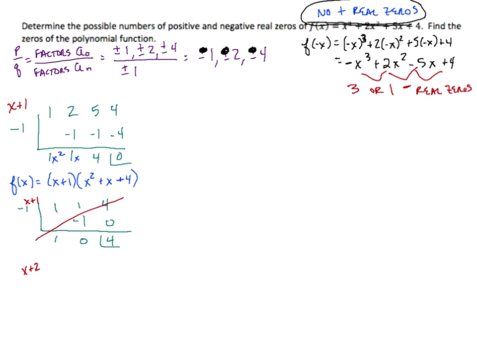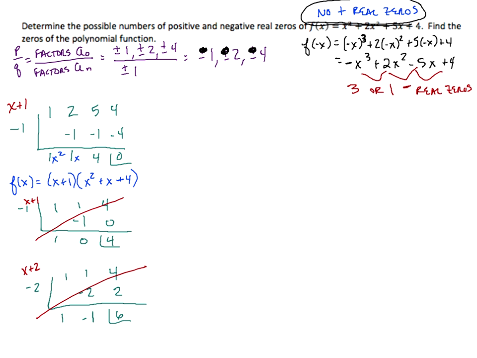So my C will be negative 2 now. Use my new coefficients, 1, 1, 4. Combine down, multiply, combine down, multiply, combine down, and fails. Sorry, I was looking back up at the problem.